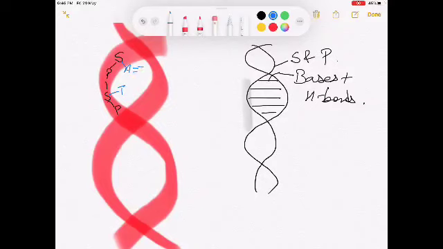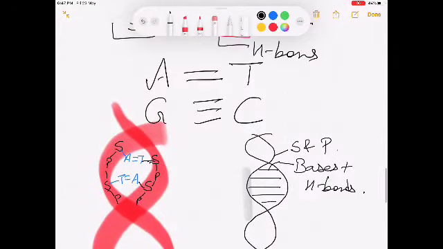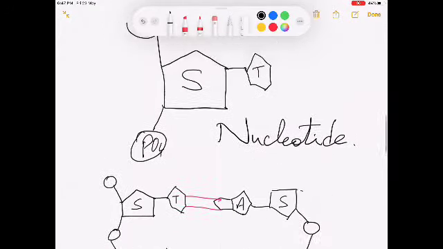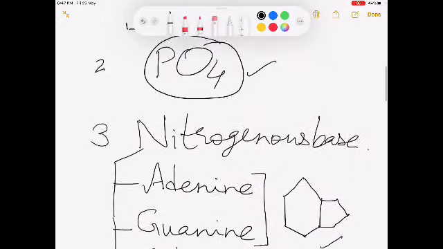In front of A we will write T, in front of T we will write A, and on this side you will write S, P, and this will be attached with sugar. Okay, so like this you will make a DNA structure, and students, you should be able to write this very perfectly and very precisely, no mistakes. All these things should be kept in mind, how the structure is formed and how these are placed at various places.